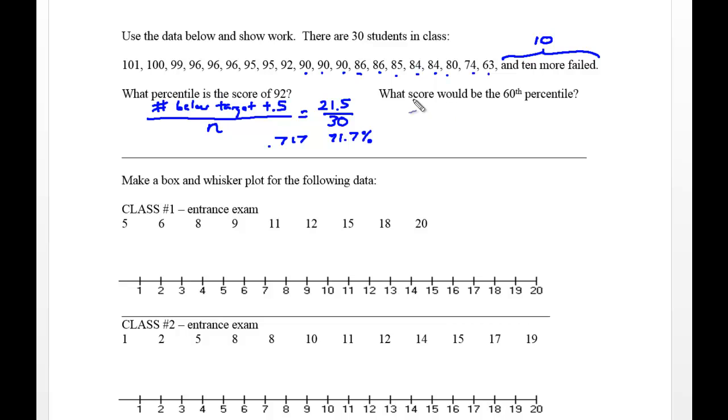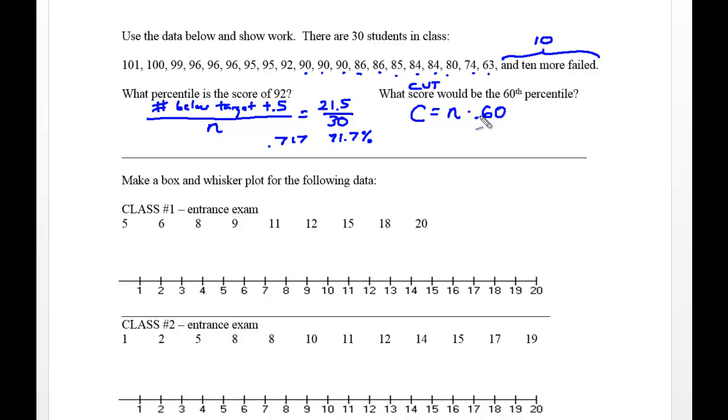All right, now, if you want to find the score for the 60th percentile, this is actually finding a cut score. So if I just put the word cut above the word score, that's what we're finding. So we're going to find the cut score. That would be the 60th percentile. All right, now to find the cut score, or C, as I've indicated in much of my notes, you take the n, your sample size, and multiply it by the percentile turned into a decimal.